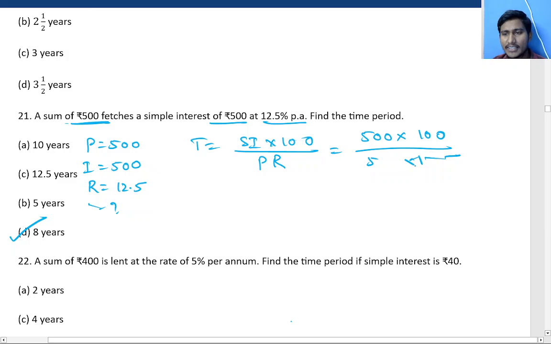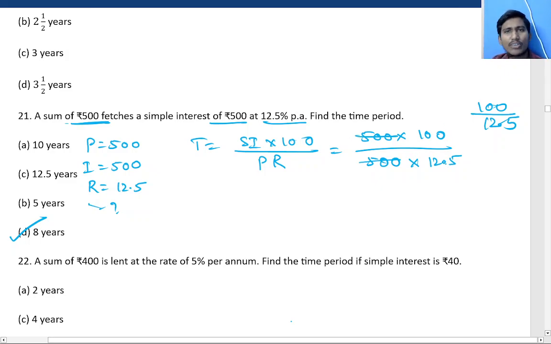So I got 100 divided by 12.5. Directly I told you. If you do the same thing here also, you will get the answer. See here, 500 cancels, so 100 divided by 12.5 is remaining.